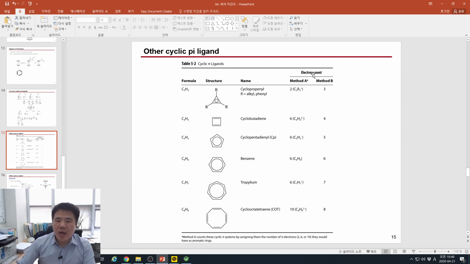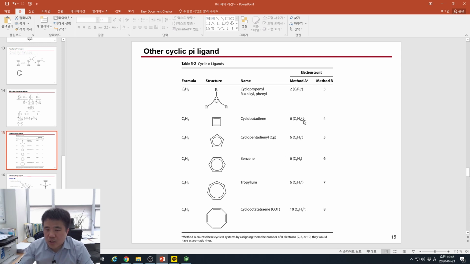In method A, it gives 6; method B, 4. Cp, method A, 6; method B, 5. If you think about method B, it is 3, 4, 5, 6, 7, 8. But in the case of method A, 2, 6, 6, 6, 6, 10.